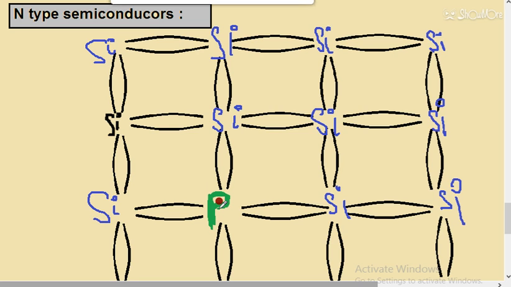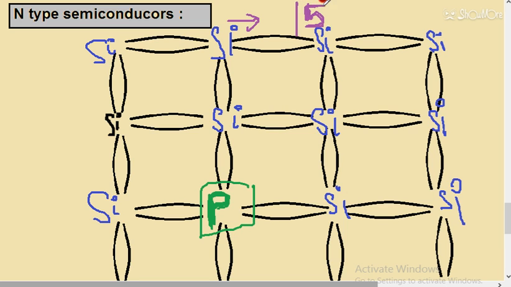So first of all, when we have to obtain N type of semiconductor, which type of impurity will we add? When we have to obtain P type of semiconductor, which type of impurity is required? So we will add the impurity of the 15th group, that is pentavalent group.